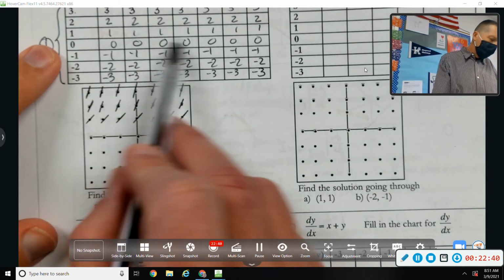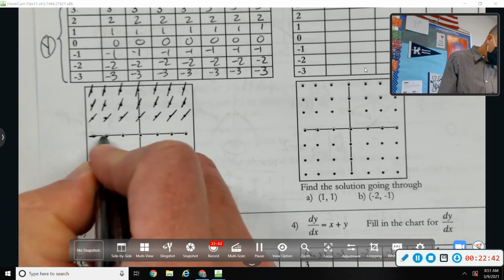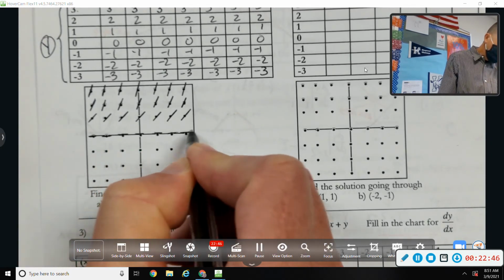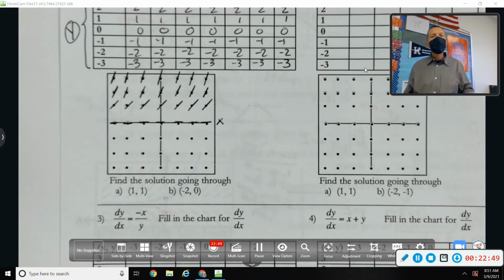When y is 0, the slopes are 0. It's a little bit harder to draw, I guess, because it's on the x-axis, so you can't really see them.